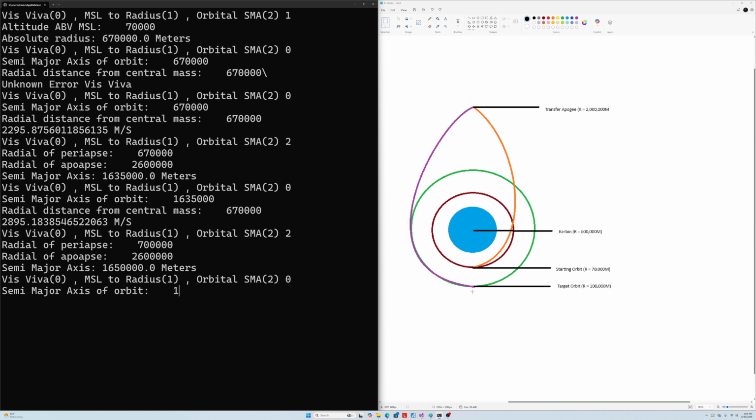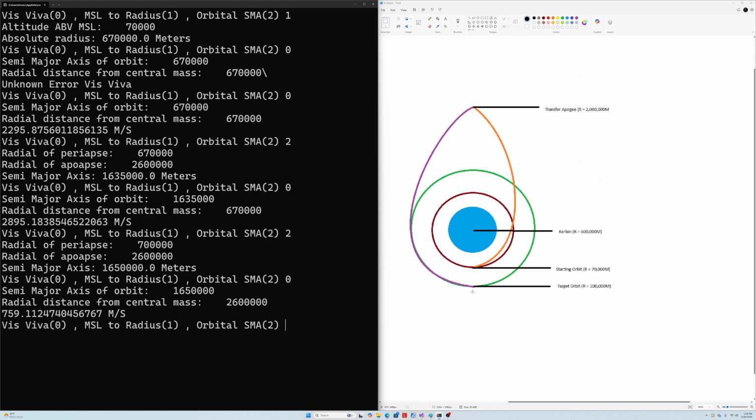So the first step is to, of course, pass the semi-major axis of our second transfer orbit, and then to pass the radial distance from our center mass, which in this case is, as it's been for a while now, 2.6 million meters. And that gives us a velocity of 759.1 meters per second.